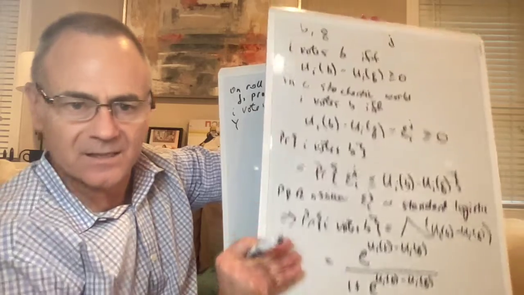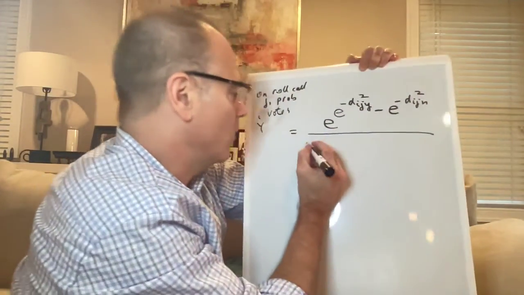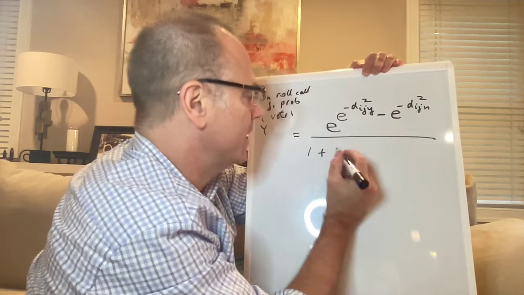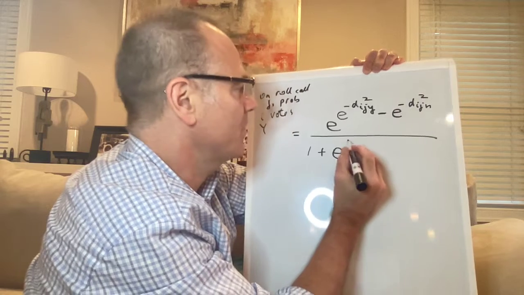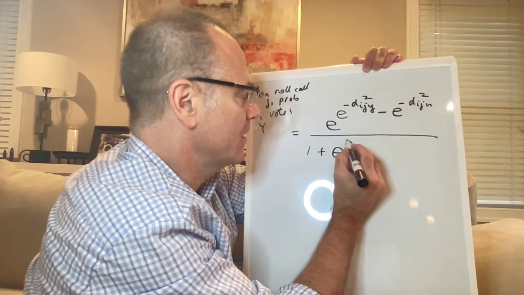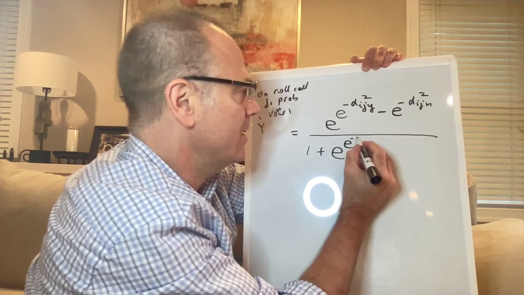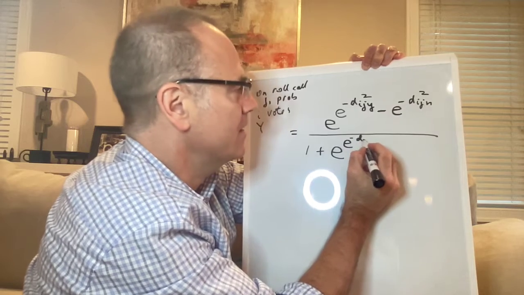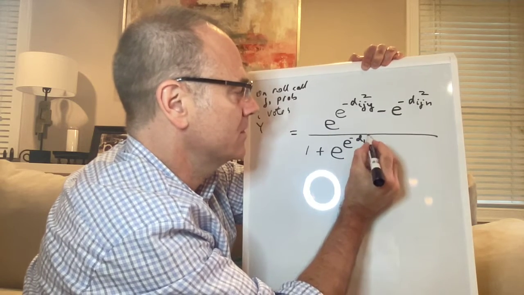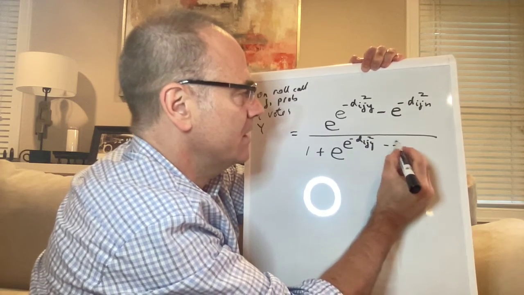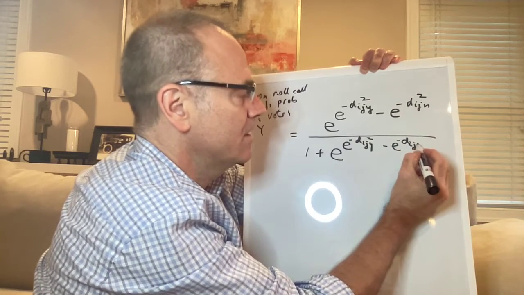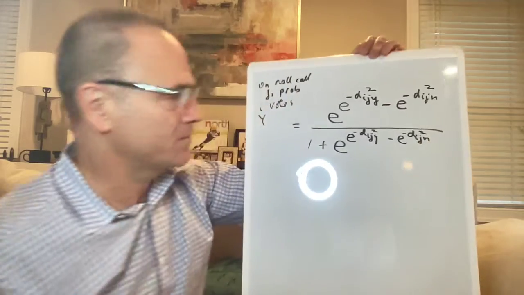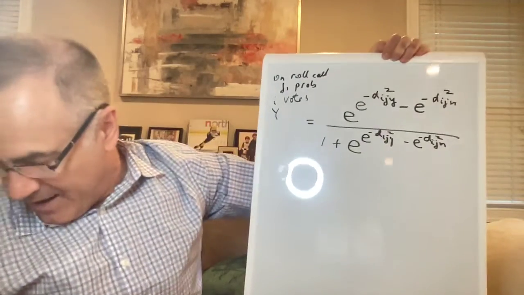It's going to be 1 plus E to the E to the negative DIJY squared minus E to the negative DIJN squared.